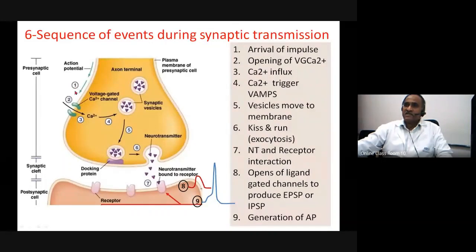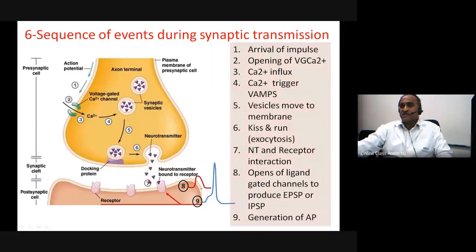These are the events: the arrival of impulse, the opening of the calcium channel, the calcium entering inside, and that triggers the vesicle associated membrane proteins. Then the vesicle moves, comes to the active site, gets itself docked, primed, sensitized, and then it is released. That is item number 6.